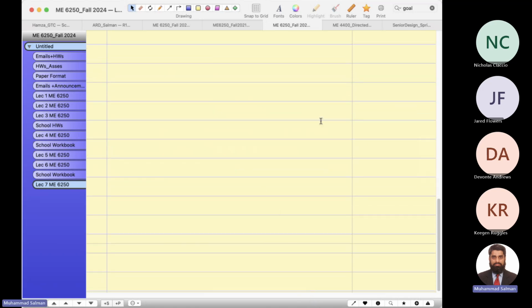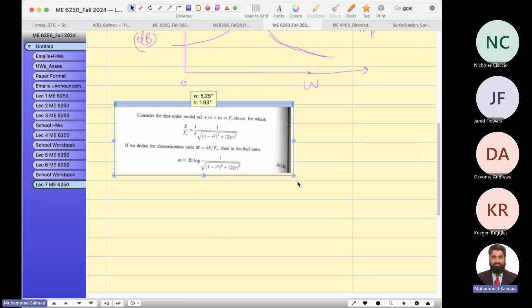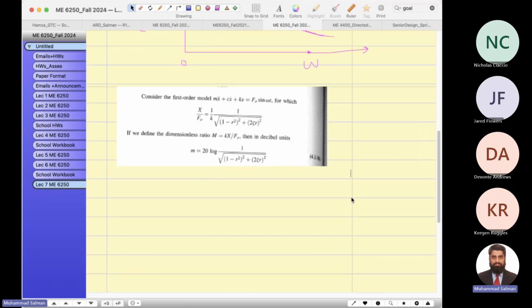As you know, this is the magnitude formula. X is the output response divided by the input force. This is the transfer function, and the magnitude we call the magnitude ratio, and you have to take the log.